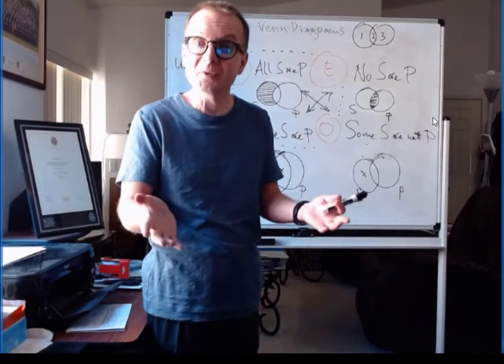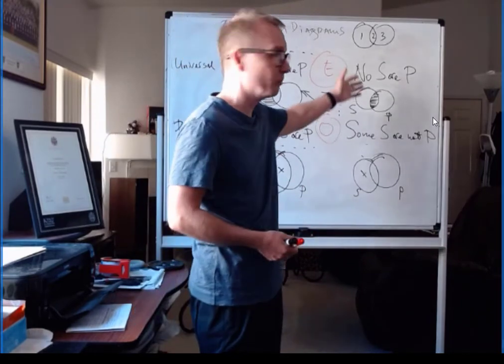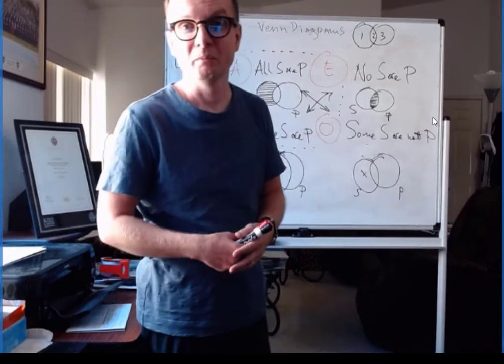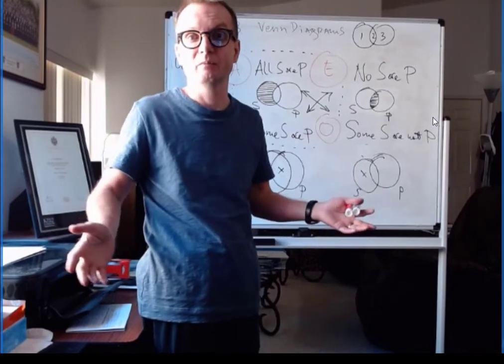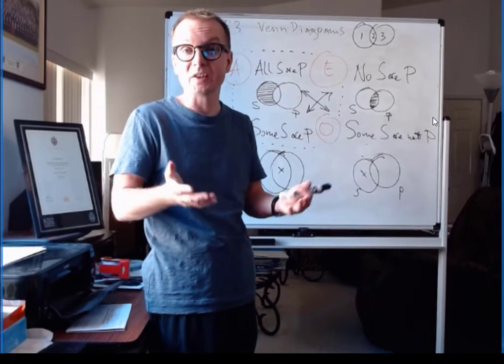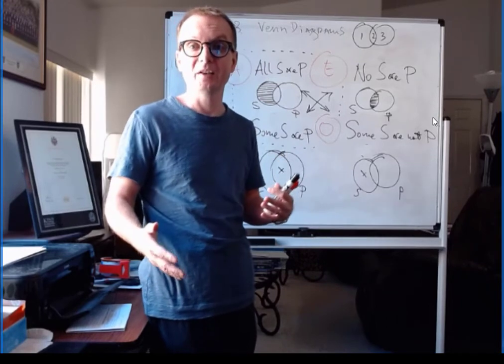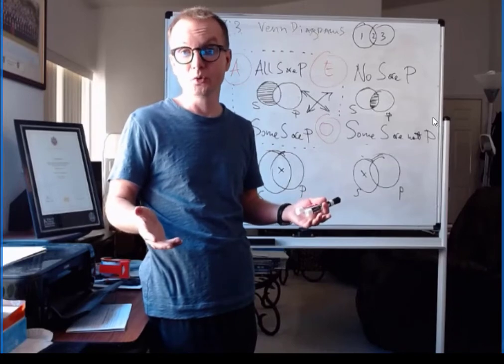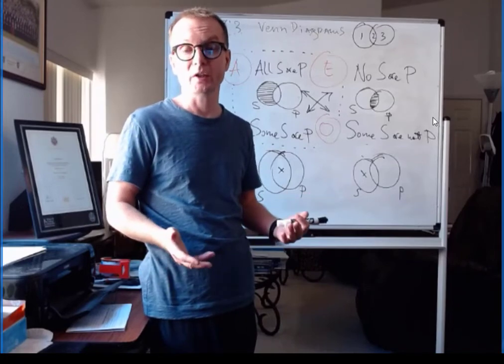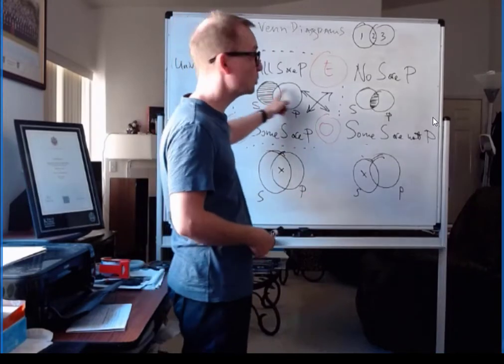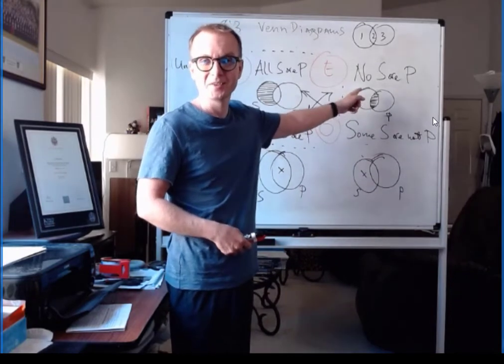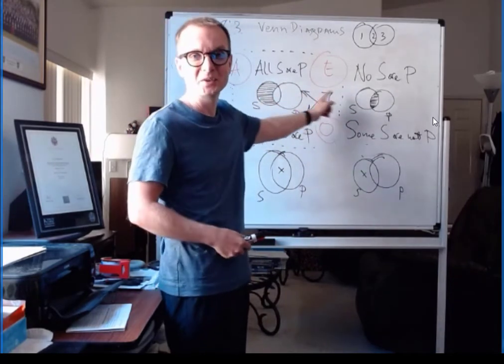And it is equally true that none of my money is in my pocket, because I don't have any. So when there's no money, it is both true that all of it is in my pocket, and also true that none of it is in my pocket. So that is why, if you don't assume existence, you cannot make this inference.